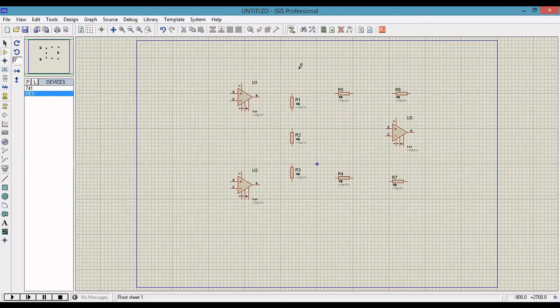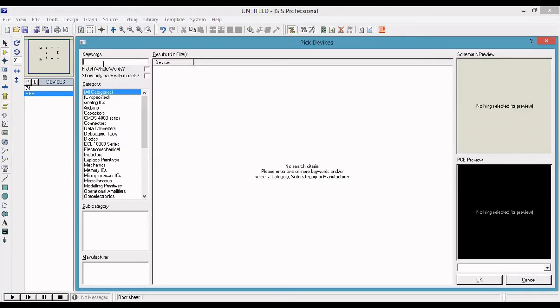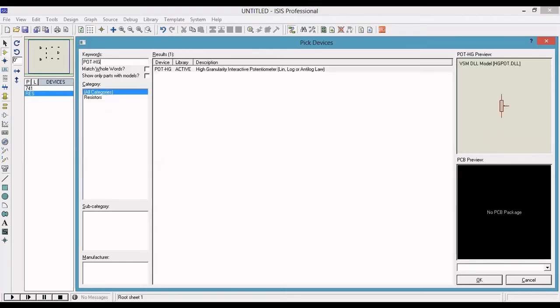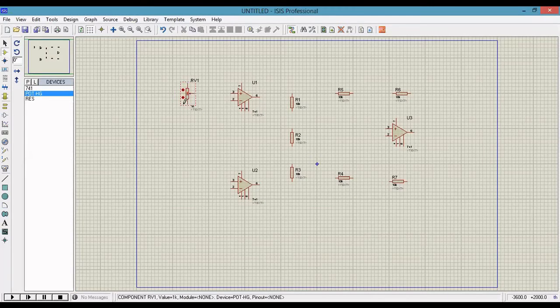Next, we are going to give the supply. For that, we need a power supply, and we are going to select the part. This part is used to vary the input voltage.